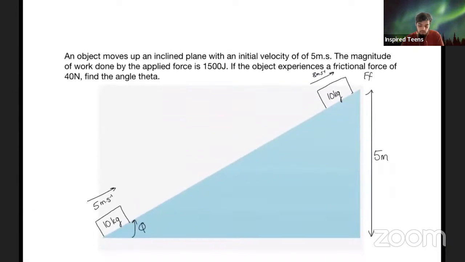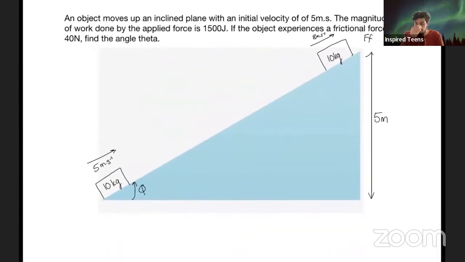I think we need to do this one first. Okay, it's been a while since I've solved the question, but let us do this question. An object moves up an inclined plane with an initial velocity.